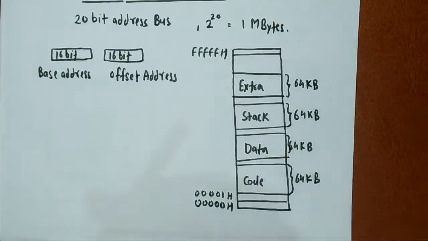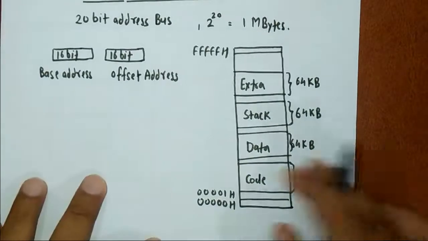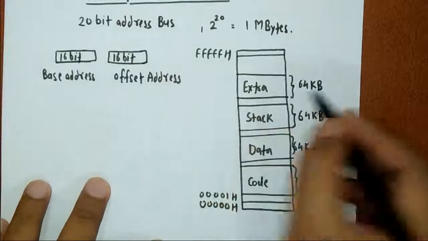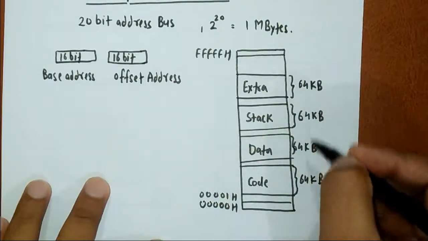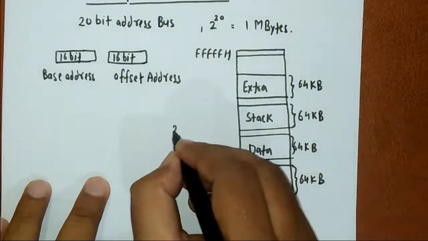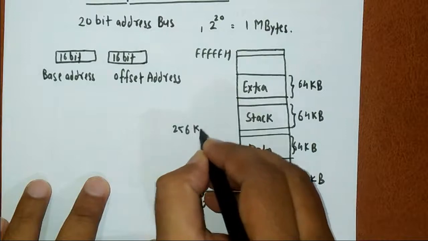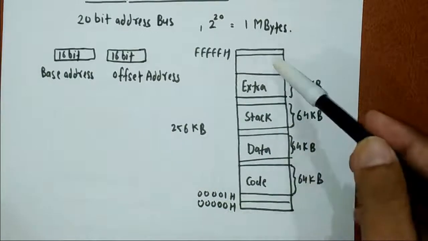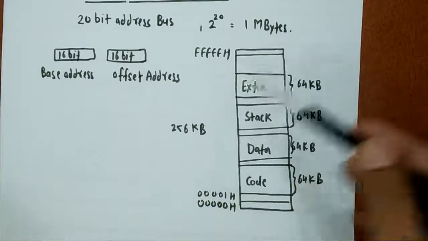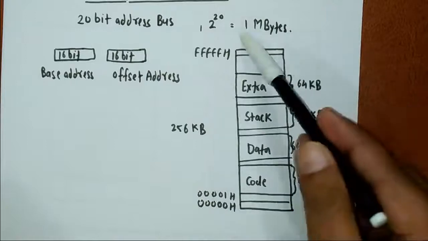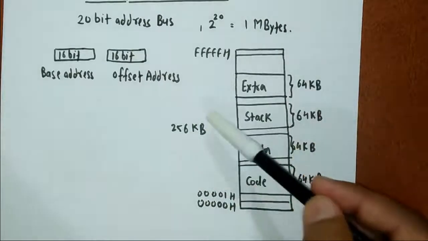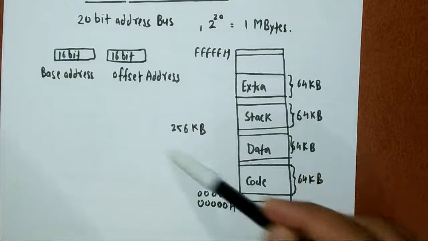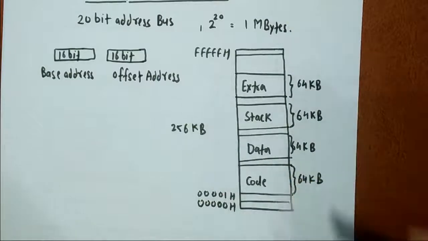So you can see that at a time we are not using the whole 1 megabyte of memory, we are only using 64 plus 64 plus 64 plus 64, total 256 kilobytes of memory at a time, right? Similarly we can get a total of 4 such groups, because it is 1 megabyte and we are using 256 kilobytes. So we can make 4 groups of 256 kilobytes in 1 megabyte.